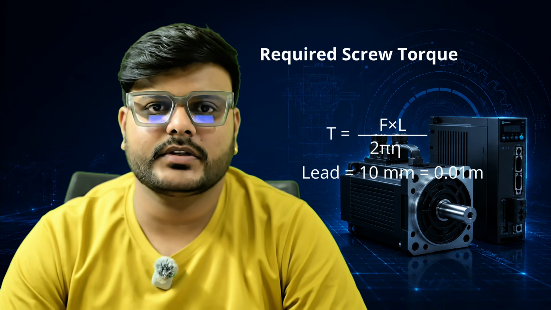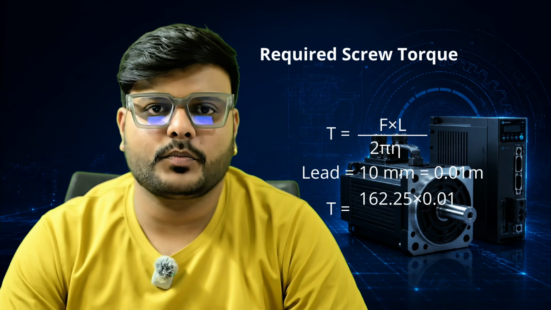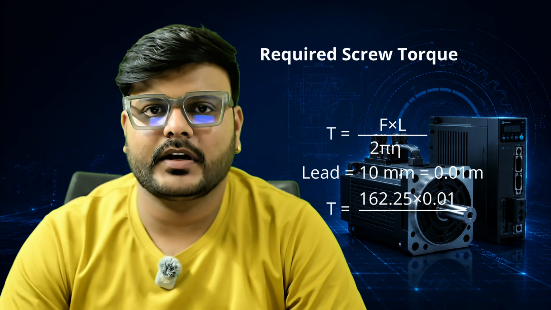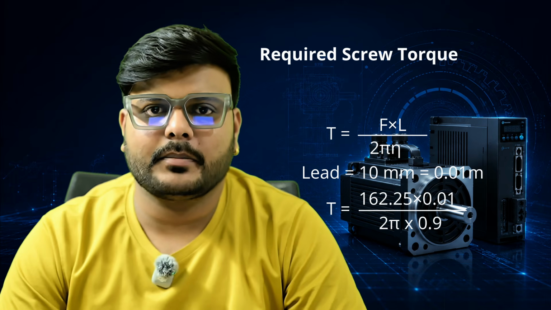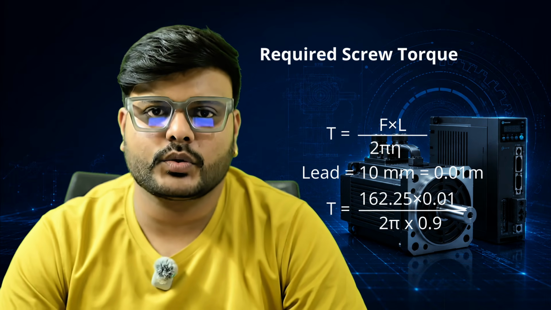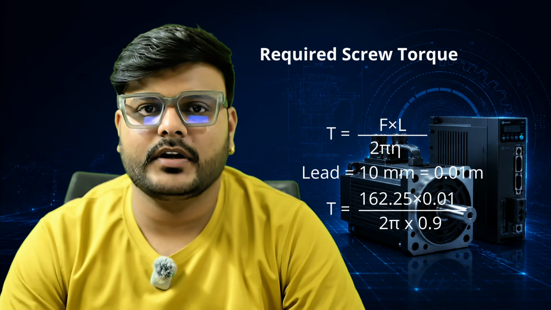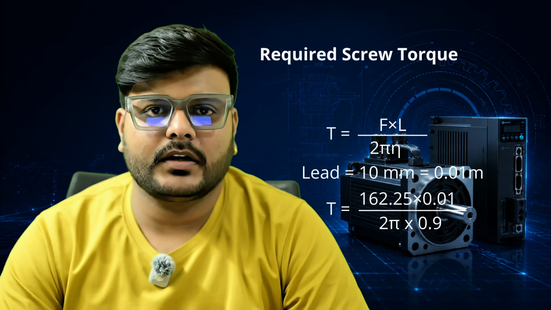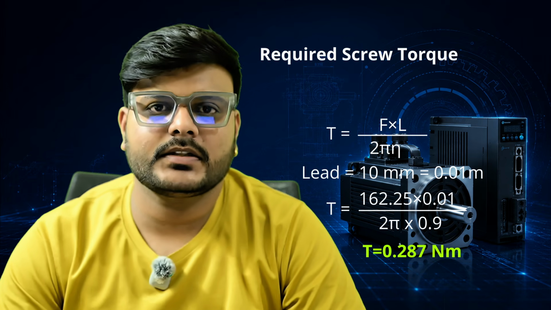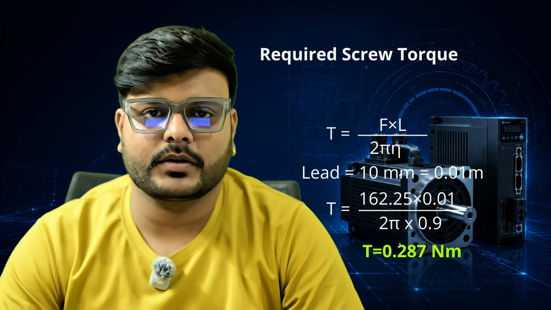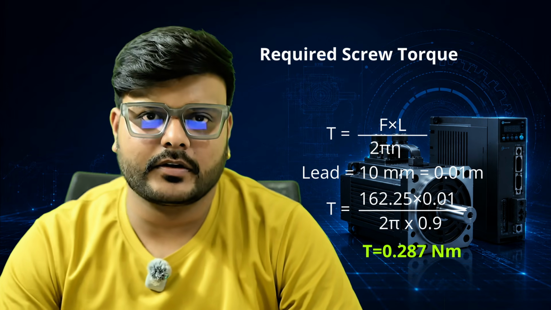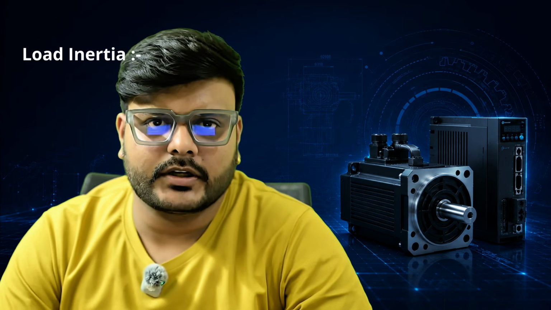Substitute the values in the formula: 162.25 multiplied by 0.01 divided by 2 pi multiplied by efficiency. We are considering 90% efficiency, so multiply by 0.9. So we get a torque of 0.287 Newton meter. This is our continuous required torque, which is 0.287 Newton meter.